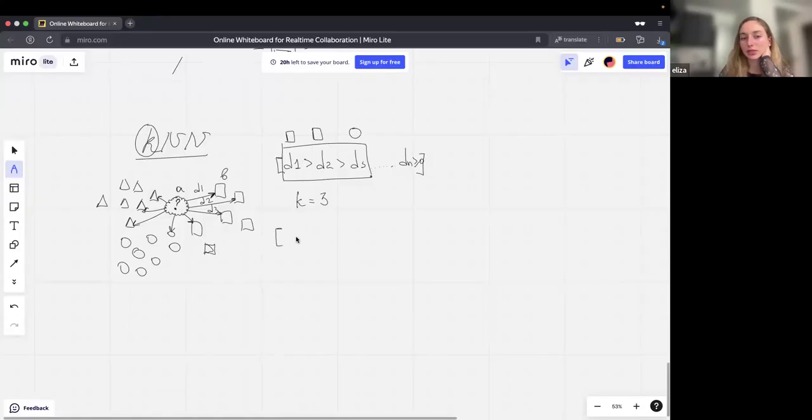But if you consider this situation, d2, d3, d4, d5, where d1 is a square, d2 a circle, but d4 and d5 are squares, and your k equals 5, in this situation you will consider your mysterious object, sorry, not a square, a circle.